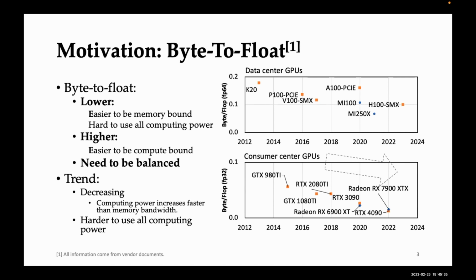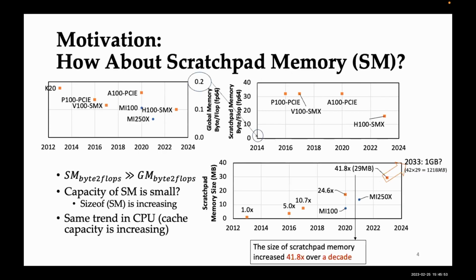So what that leads to is obviously the case that a lot of the codes will be memory bound, meaning that you would run into cases where your code is bounded by memory because it requires more bytes per flop, and there are actually a lot of examples for that. But what about Scratchpad memory?